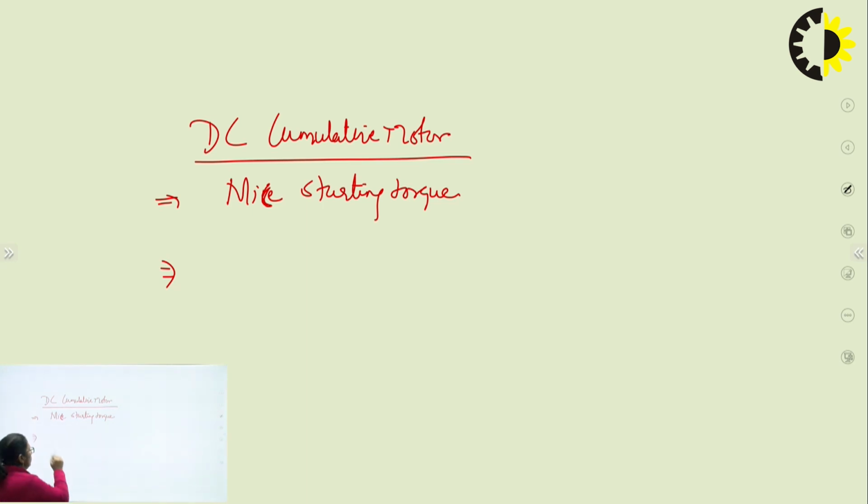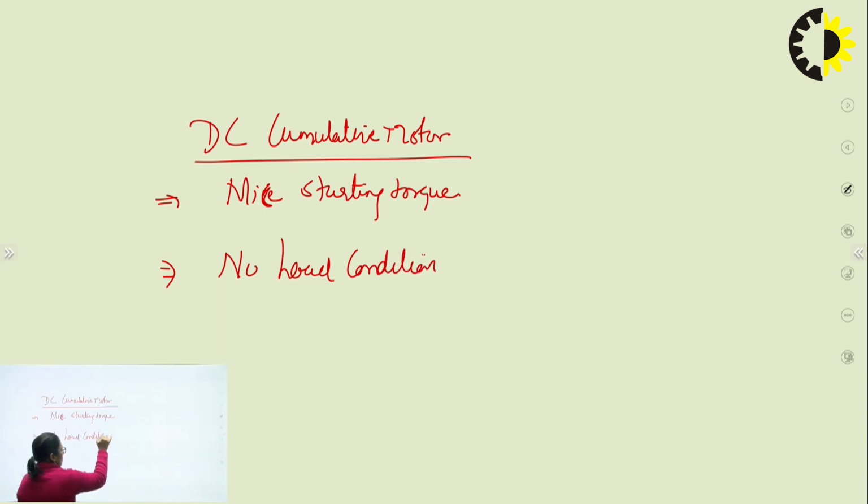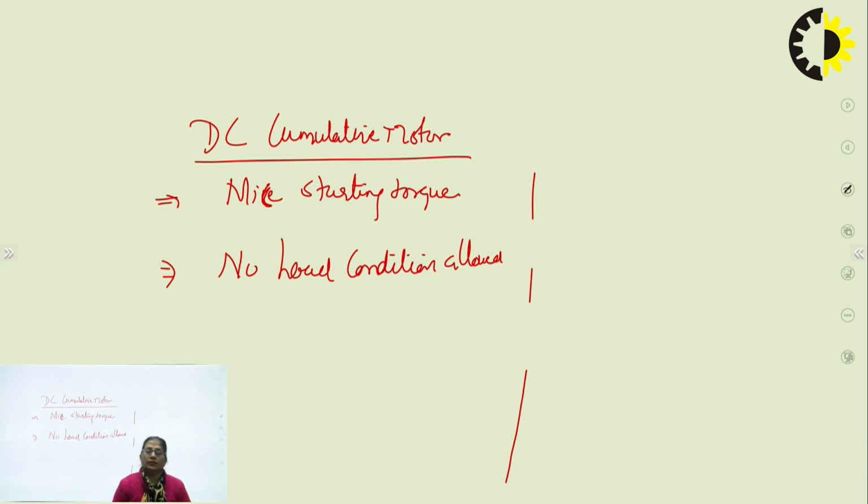And also the no load condition is allowed. If that is so, what can be its possible areas? As it has the advantages of shunt and series both, its application is also the combination of both. It can be used in fans, blowers or conveyors or trolleys.